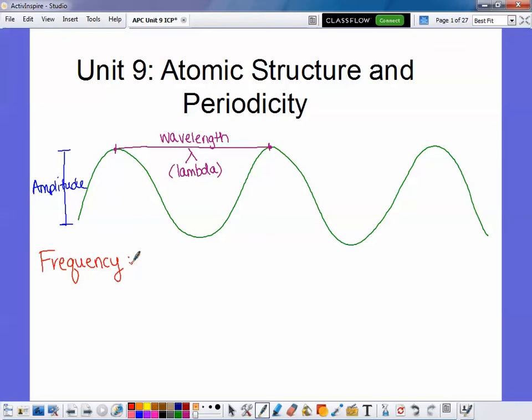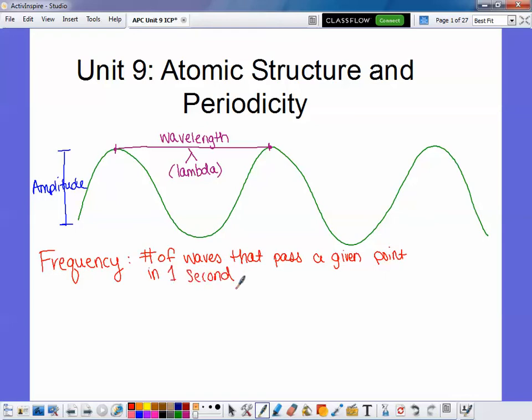What is the definition of frequency? How many waves pass a point in a given, we typically measure in a given second. That's exactly right. So the number of waves that pass a given point in 1 second.